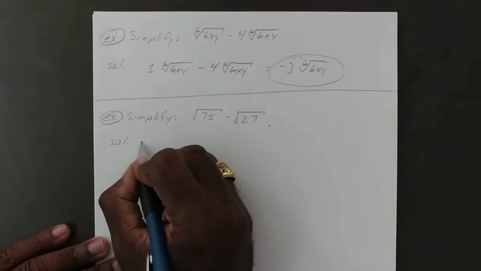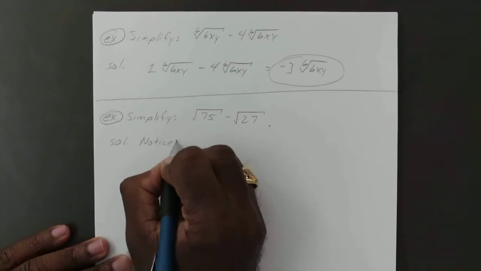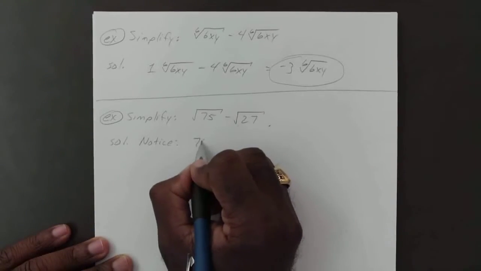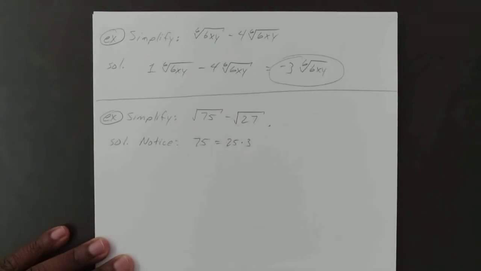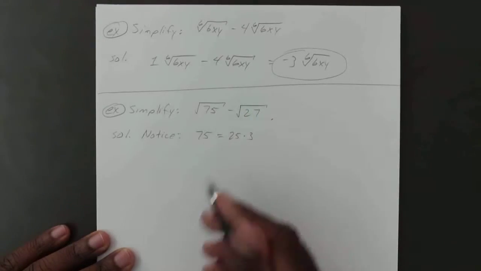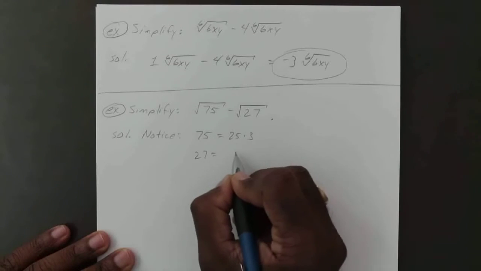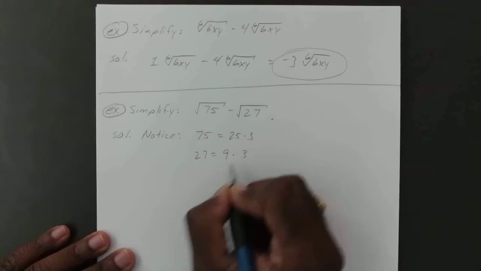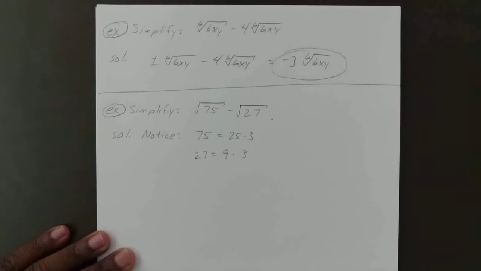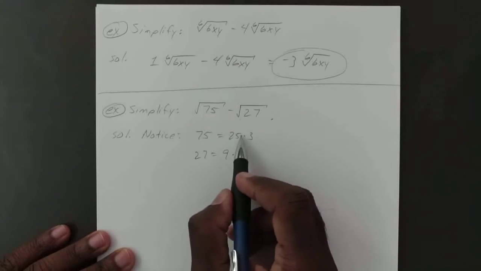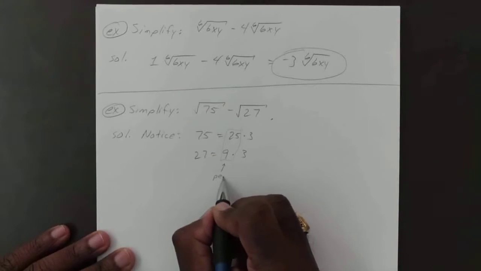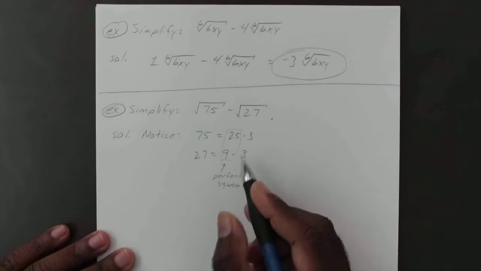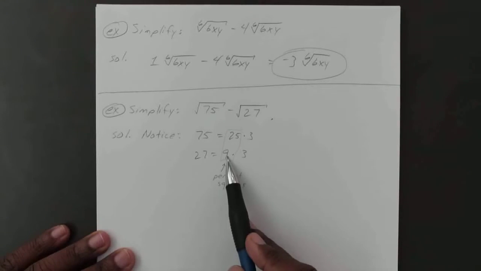So the first thing you want to notice is that 75 is equal to 25 times 3, and 27 is actually equal to 9 times 3. We know these two, 25 and 9, are both perfect squares, because 5 times 5 is 25, 3 times 3 is 9.